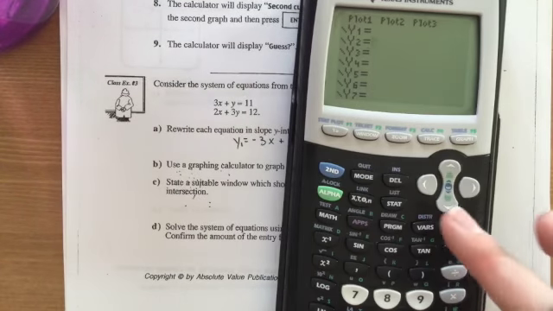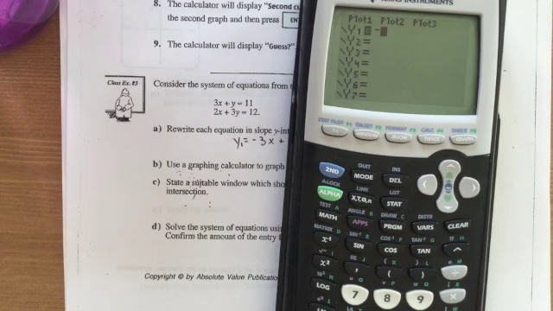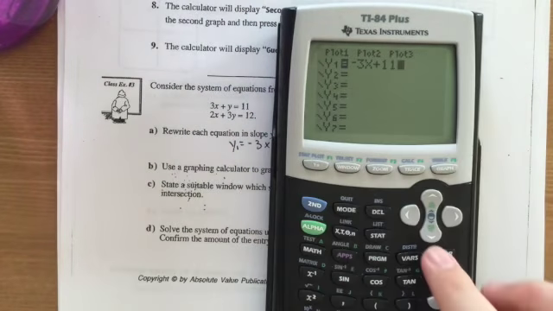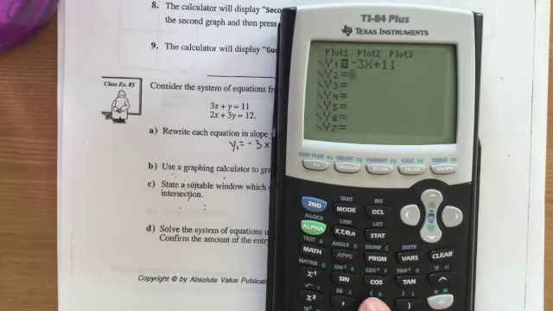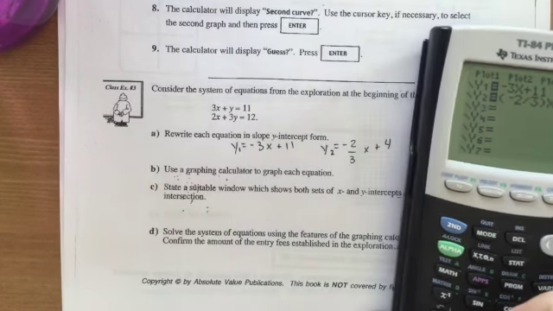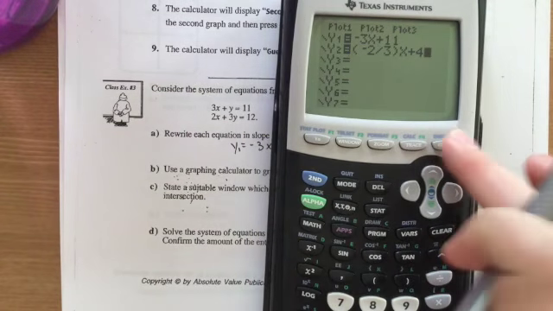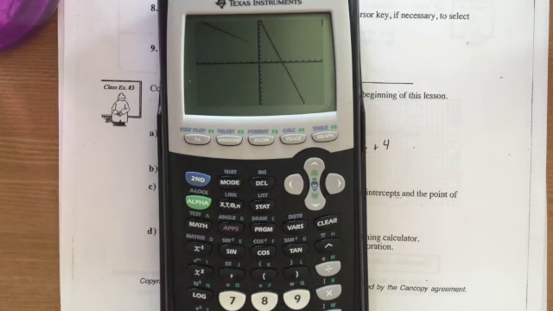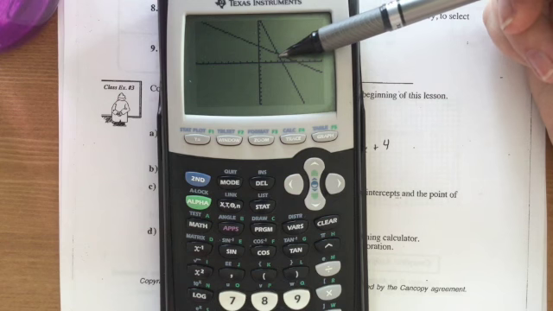So I'm going to enter y1, -3x plus 11. And I'm going to go down here, y2, -2/3 x plus 4. And I'm just going to verify that that matches what I had. It does. Okay, going to graph, and so I might have to change my window if I can't see my solution. But I can. It's right there.